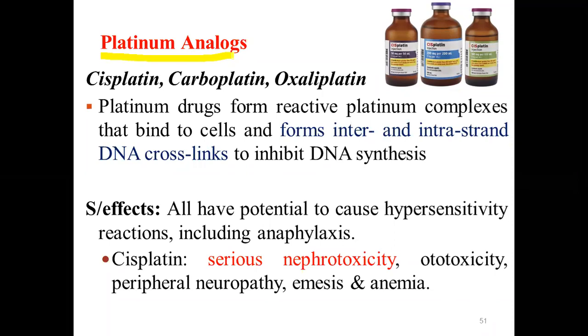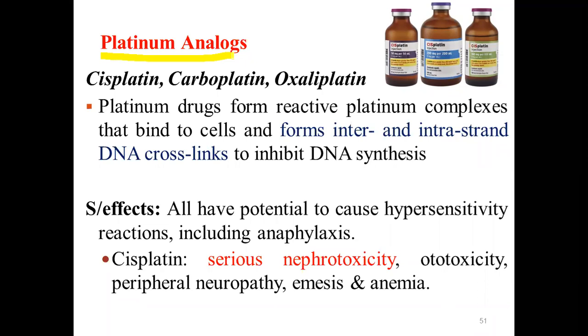By the way, all of them are available locally. They are mostly used in the management of solid malignancies. Let me leave the chemical structure of the drug for medicinal chemistry, but this class of drugs does have a platinum complex in the chemical structure. That is why they are called platinum analogs.